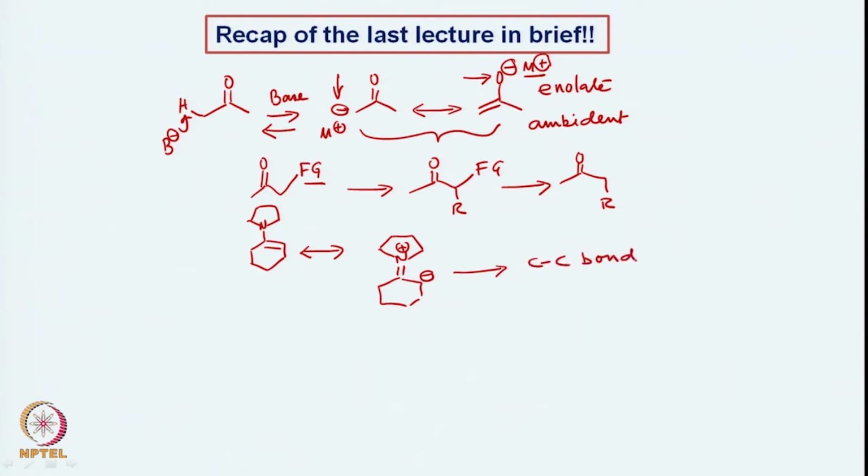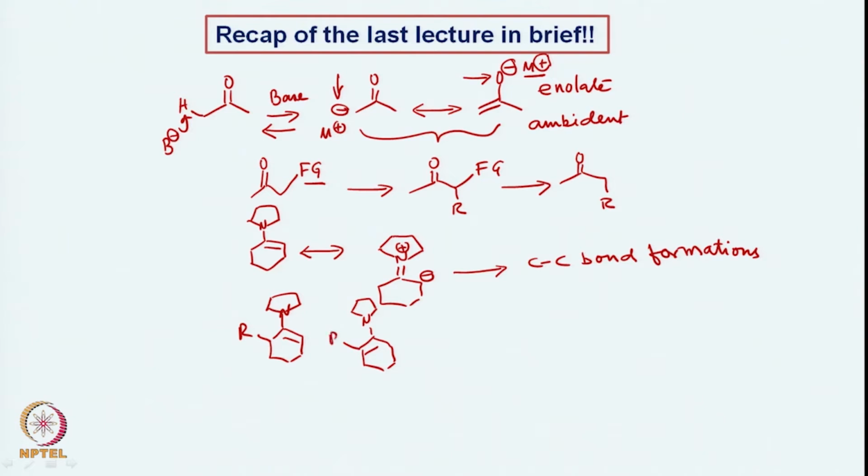But then we also saw the problems associated with this enamine chemistry. For example, it can be an N-alkylation, or when there is a substituent here on the left hand side, then generation of this type of enamines becomes difficult.